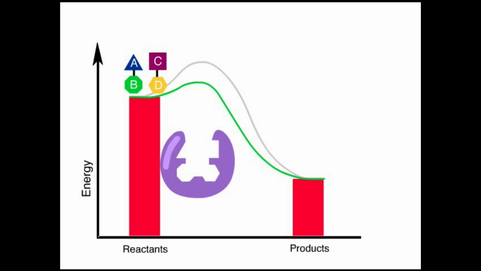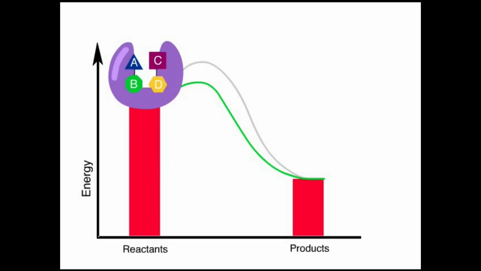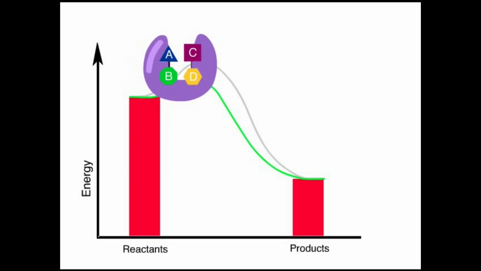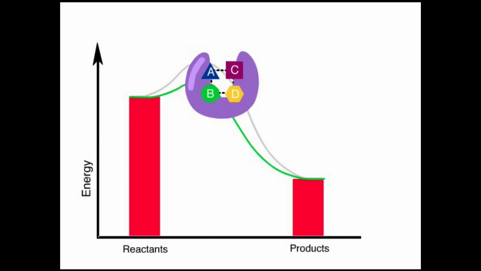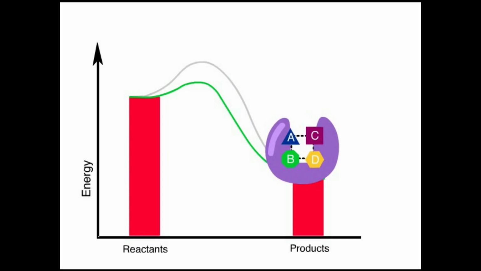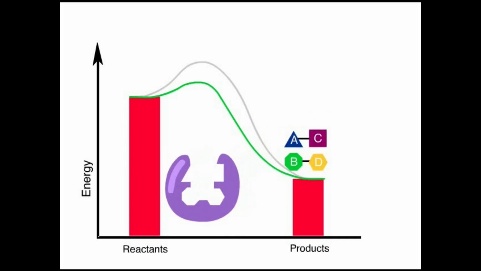An enzyme is very selective. Its three-dimensional shape allows it to act only on specific molecules, referred to as the enzyme substrates. As the substrates bind to the enzyme's active site, they are held in a position that facilitates the reaction. This takes less activation energy than the unaided reaction. Products form and are released. The enzyme emerges unchanged from the reaction.